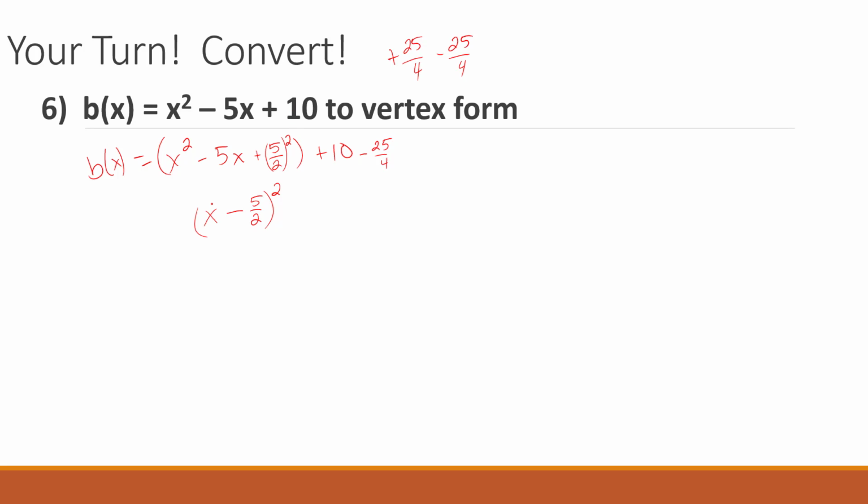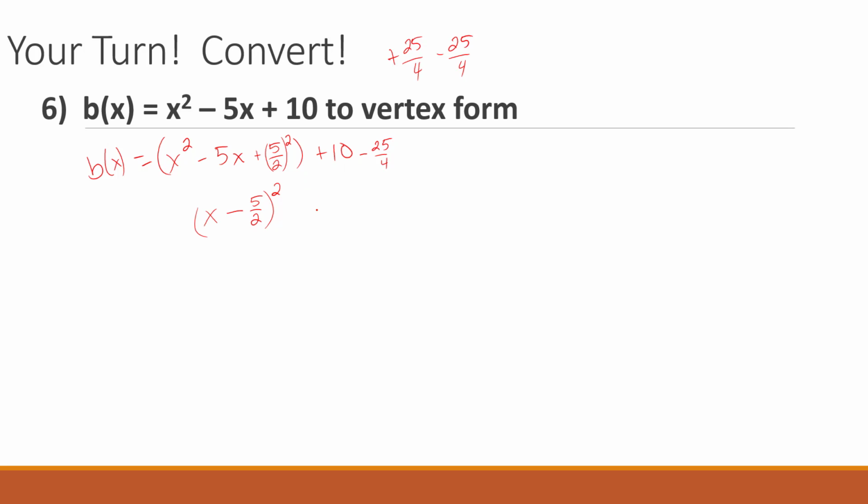So we should see that when I multiply x times x, I'm going to get x squared. When I multiply x times -5/2, I get -5/2 twice. So I add the -5/2 and the -5/2, and I get -10/2, which is actually -5. And then when I multiply -5/2 squared, I get +(5/2) squared, because a negative times a negative becomes positive.